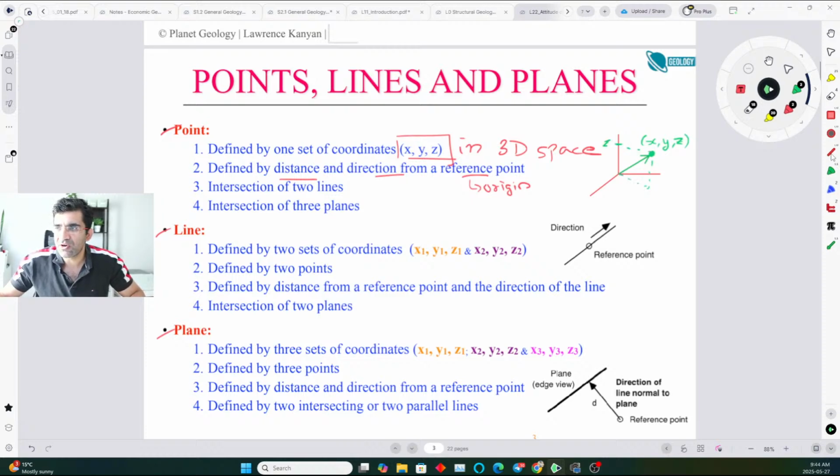So this will be the z coordinate, this will be the x coordinate, and that will be the y coordinate.